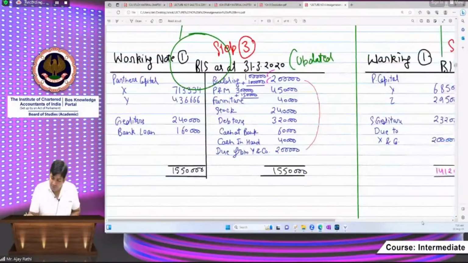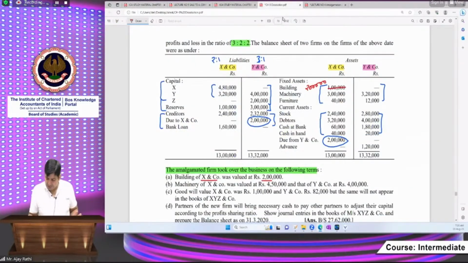Okay, beta. Simultaneously, we are doing step number 3 also. So we have updated the revalued profit also. So the updated value is there, that is 2 lakh. Give me clearance simultaneously, sir. Yes, sir. Okay. Building okay. Plant and machinery okay. Furniture okay. Okay, beta, please give me answer also simultaneously. This is a new experiment I am doing here to utilize the limited time.